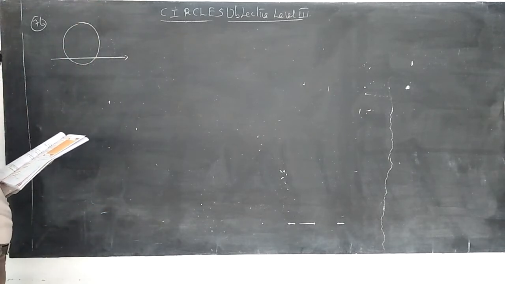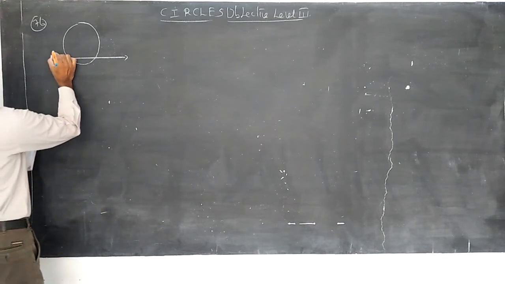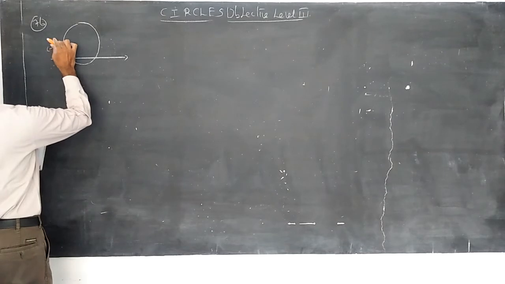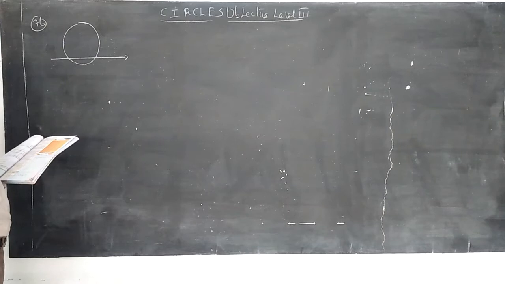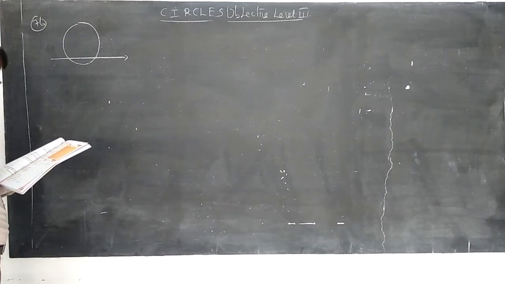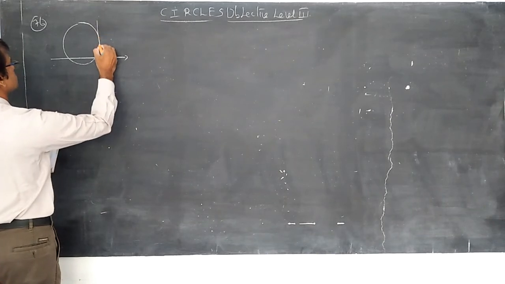Here put -1, 0 on the negative side, and on the y-axis put 0, 2.